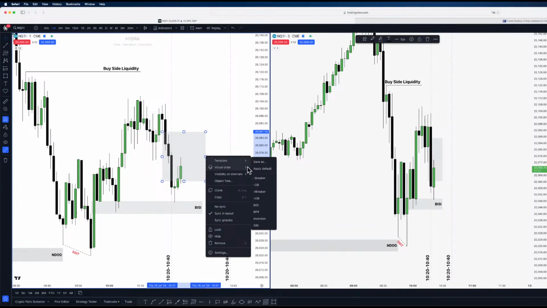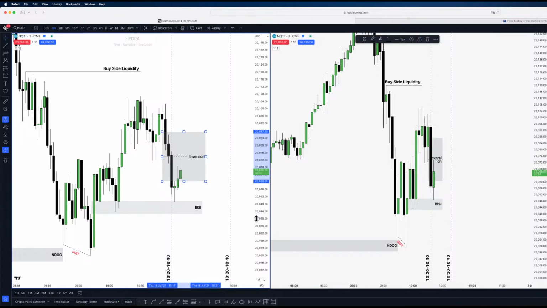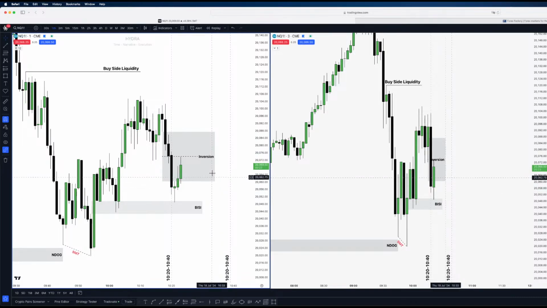All right, if the price turns this into an inversion. Breaker still holding, but I don't trust the retest much. Second retest. My focus always remains on the first retest, as you guys saw, this retest where I engaged.